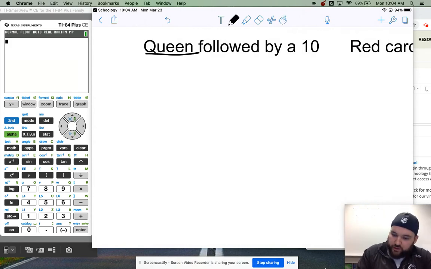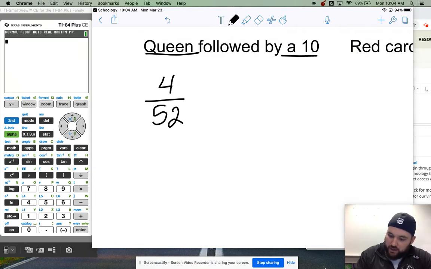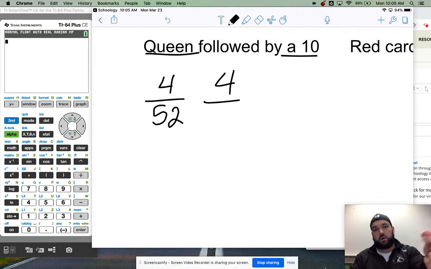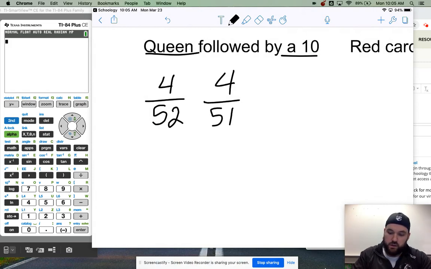So the probability that the first card is a queen, well, there are 4 queens out of 52 cards in the deck. And then a 10 after that, well, there would be 4 10s in the deck still. But assuming we got a queen on the first card and we didn't put it back in the deck, we'd be down to 51. So we have 4 out of 52 times 4 out of 51.